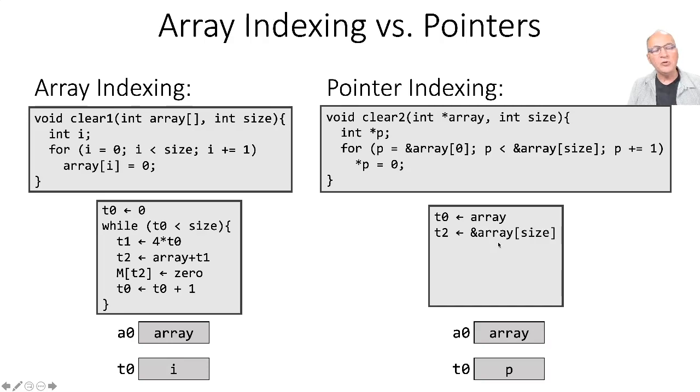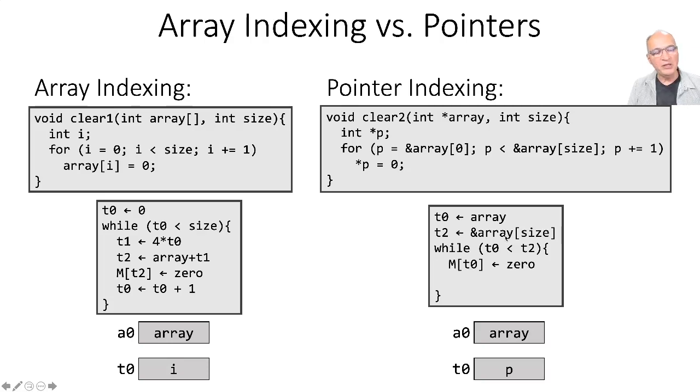Next, I need to compute the address of the position size of array because that will be my sentinel for my loop. That will tell me when I'm done with my loop iterations. And I'll be repeating my loop as long as the pointer P contains an address that is smaller than the address of the position size of the array.